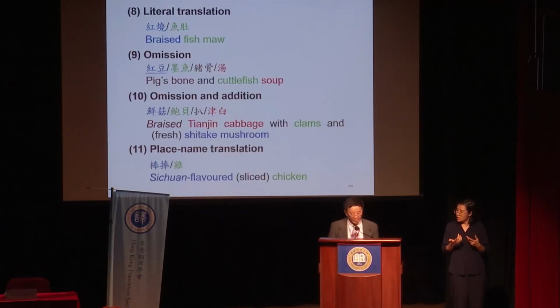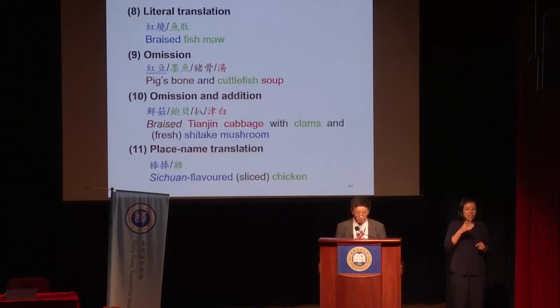Yes, the word 鲜 is omitted. Sometimes you have got place name translation. You pick up 蓬蓬鸡. I really don't know what it is about. Actually, it's Sichuan flavored chicken, which means rather spicy.